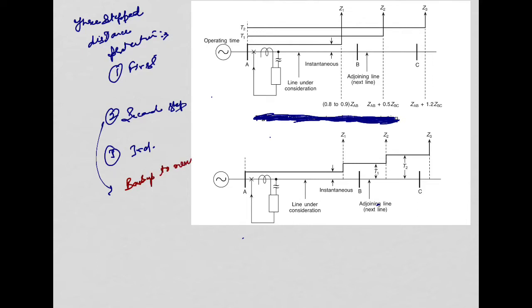In the event of the maximum underreach, it should be able to cover the bus fault at the bus between the two lines.